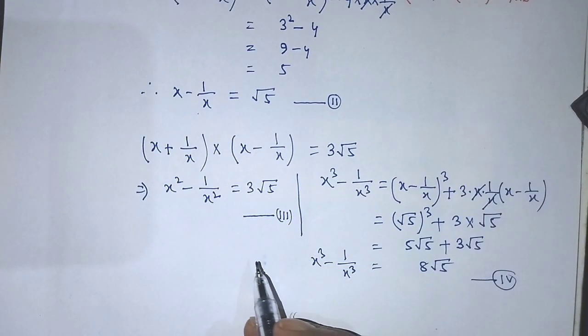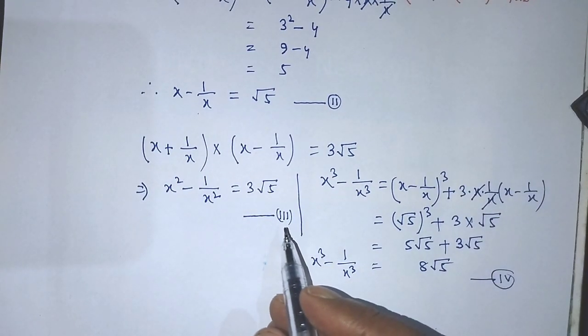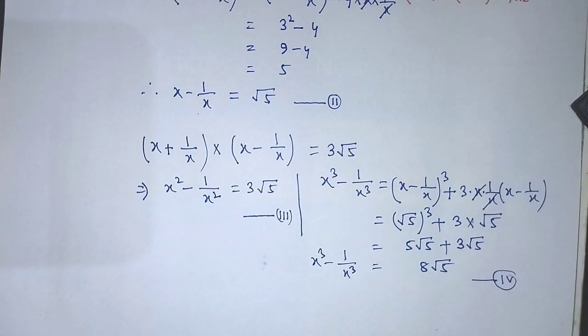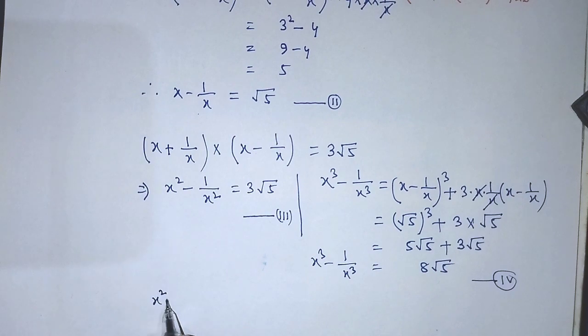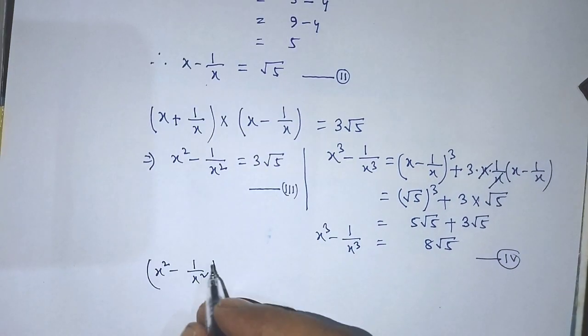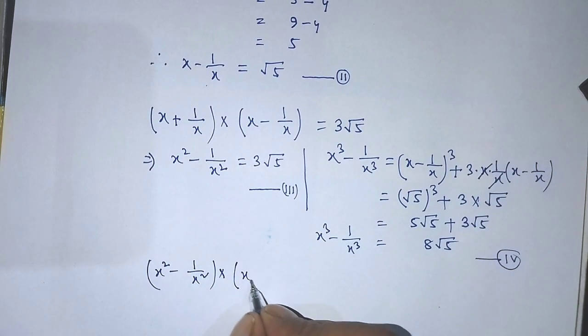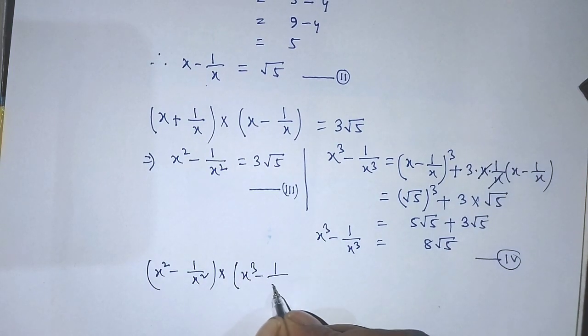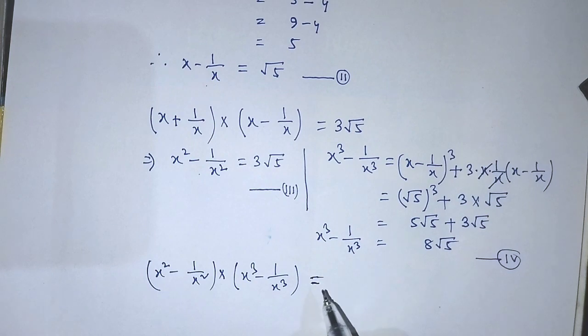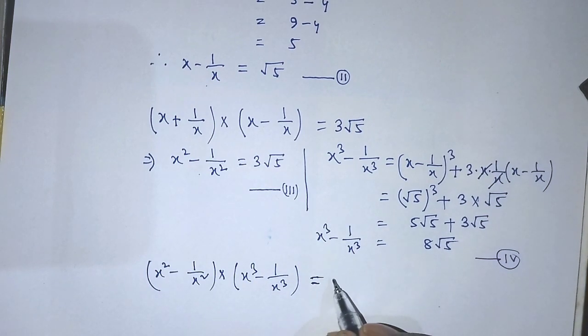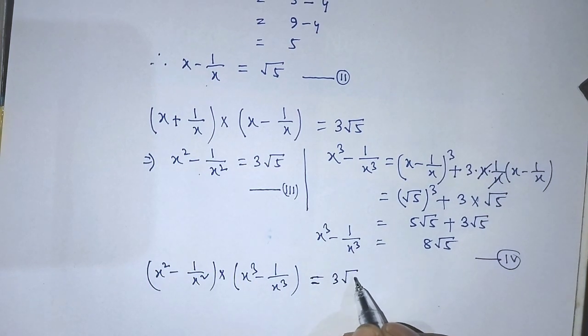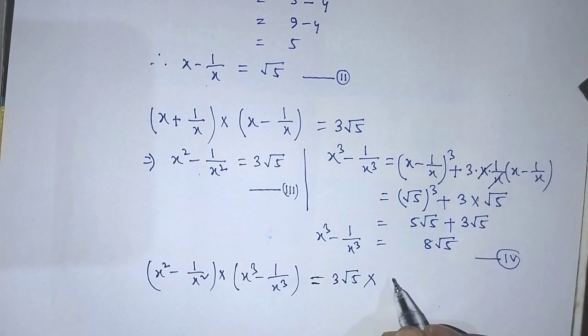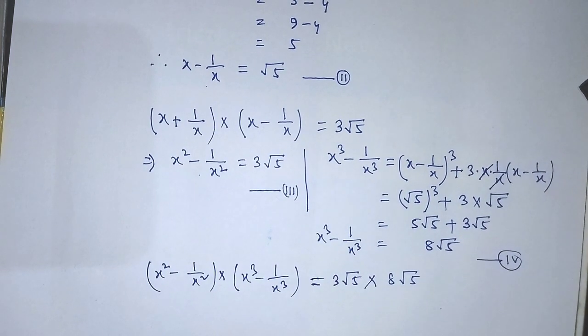So after multiplying equation 3 and 4, we can write in here x square minus 1 over x square into x cube minus 1 over x cube is equal to, on the right hand side we have to write 3 root over 5 into 8 root over 5.